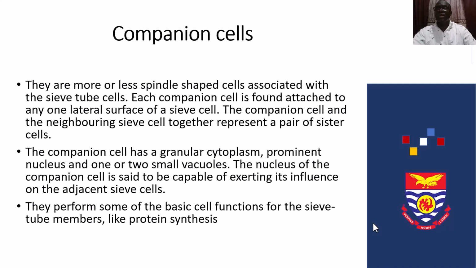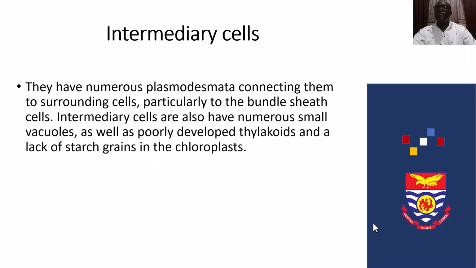The nucleus of the companion cell is said to be capable of exerting its influence on the adjacent sieve cells. They perform some of the basic cell functions for the sieve tube members, like protein synthesis. They have numerous plasmodesmata connecting them to surrounding cells, particularly to the bundle sheath cells.